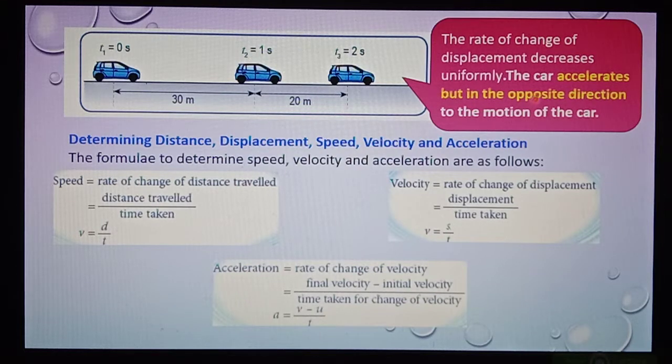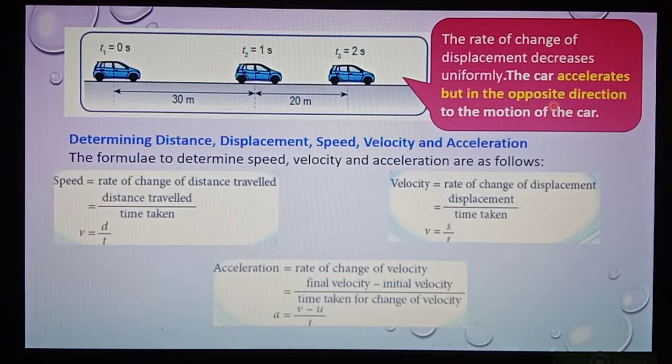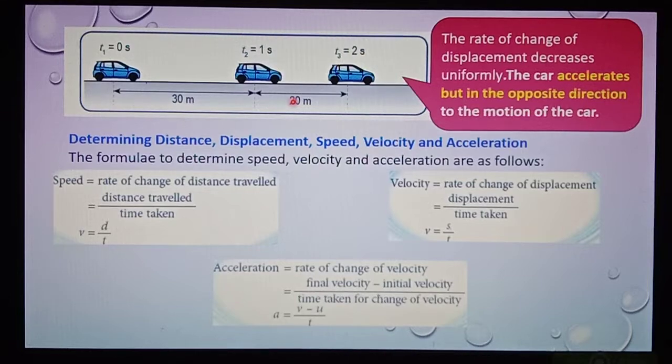So in this case, the car accelerates in the opposite direction to the motion of the car, meaning it accelerates backward. In other words, we can say deceleration, the car slowing down, or we can also state it as negative acceleration. You must be able to identify a type of motion based on the diagram given.